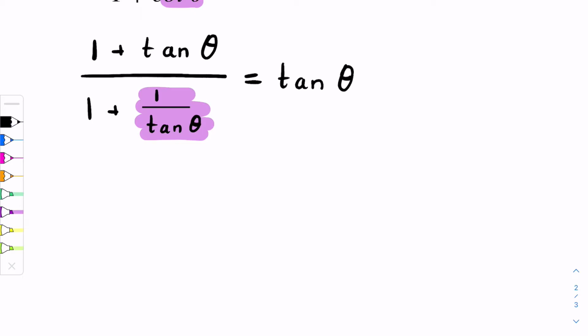Now I'm going to add the denominators together so I can create one single denominator.